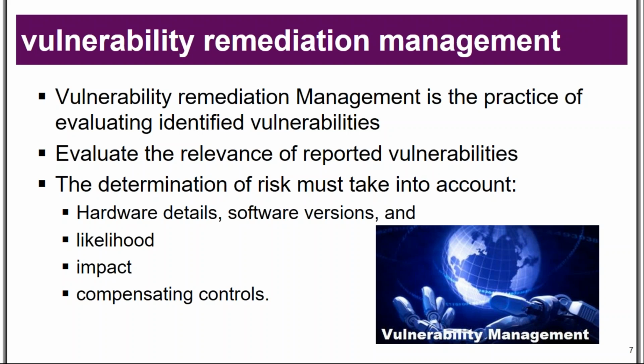The second thing, you have to look at the likelihood of that particular vulnerability occurring. And then if it should occur, what's going to be the impact to your organization? And then you have to look at the applicable compensating controls that you're going to put in place in order to mitigate whatever those findings are.